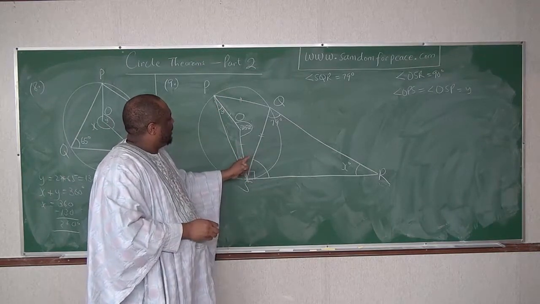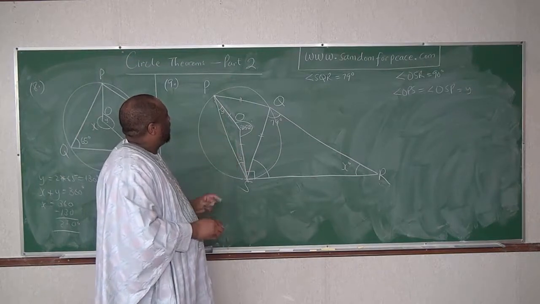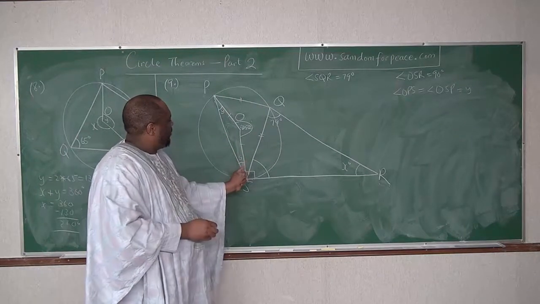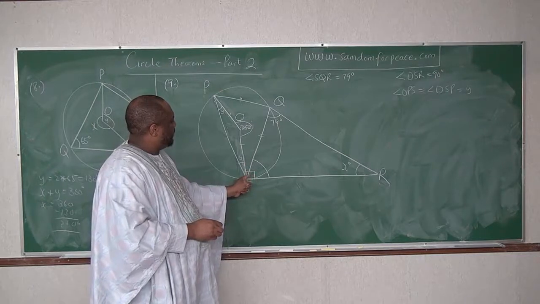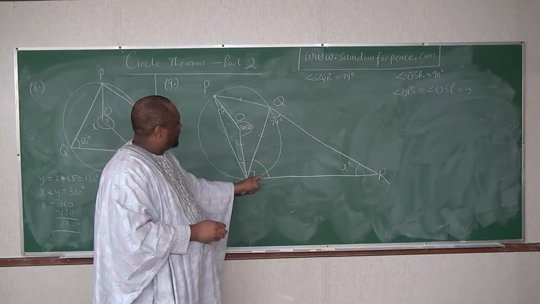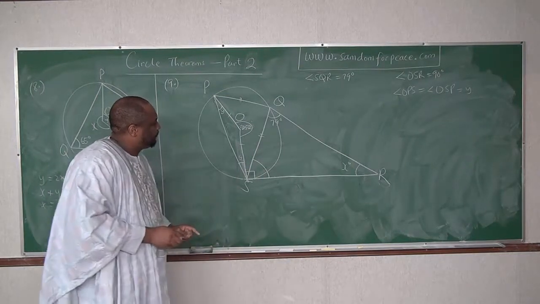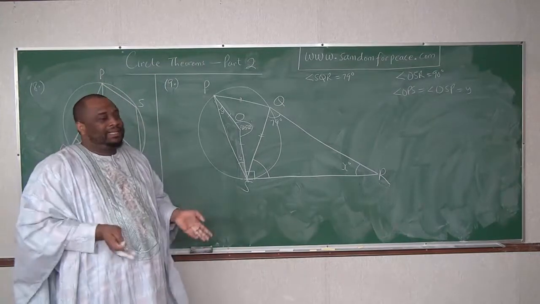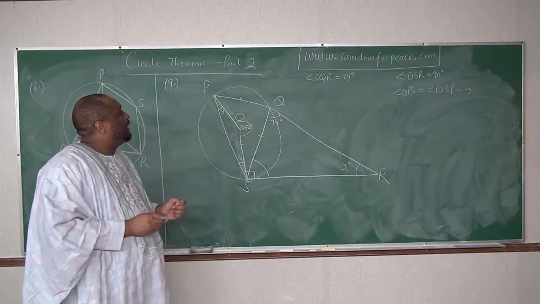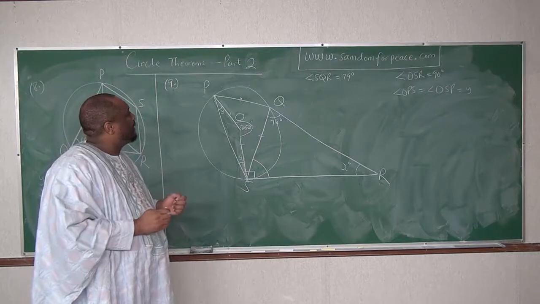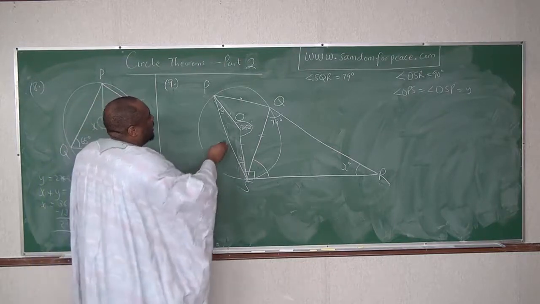We can get this, and then we can subtract from 90 to get this here. That's what we can do. In fact, that's what I think we should do. Okay, so let's get this angle here.